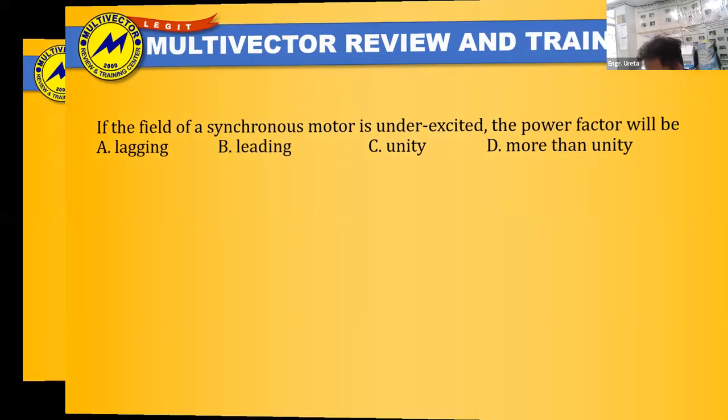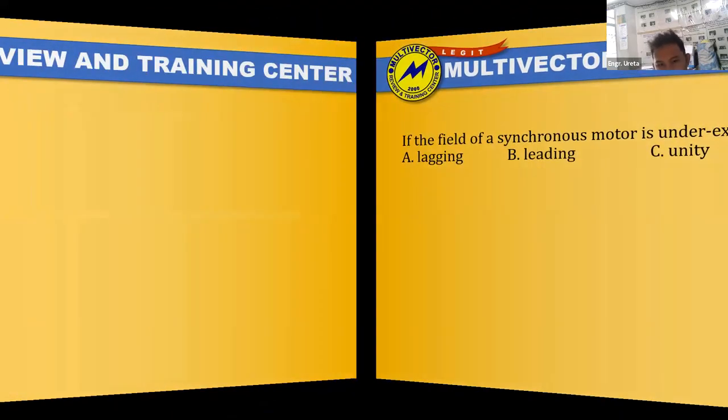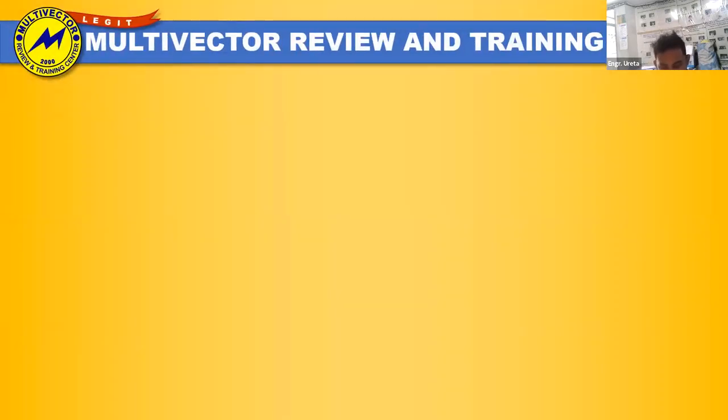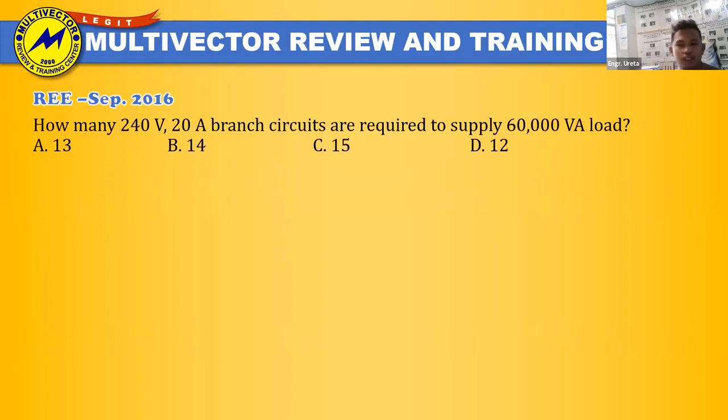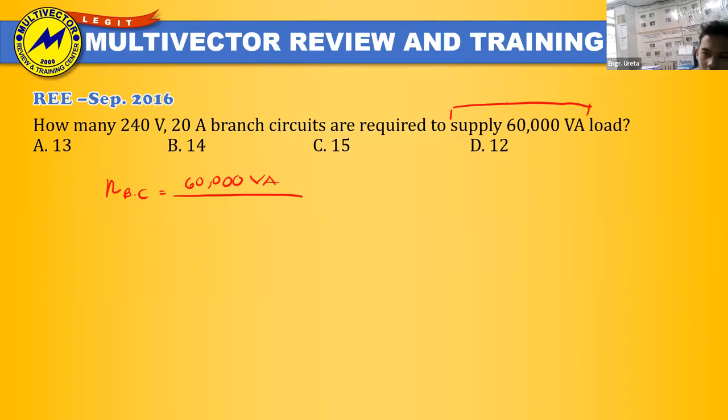Next problem is problem number 56, which came out in September 2016. How many 240 volt, 20 amp branch circuits are required to supply a 60,000 volt-ampere load? The number of branch circuits is just equal to the total load, which is 60,000 volt-amperes, divided by 240 volts times 20 amps. We don't use a multiplier here because this is already the total load.